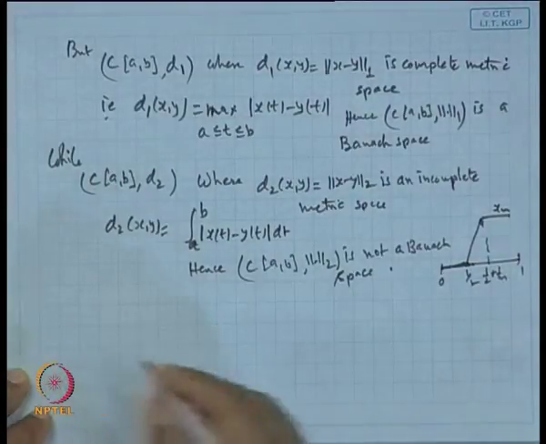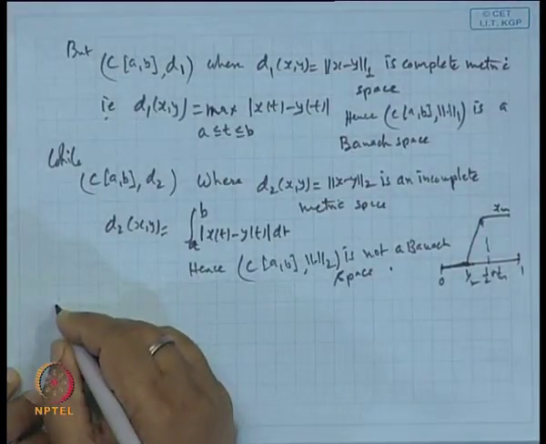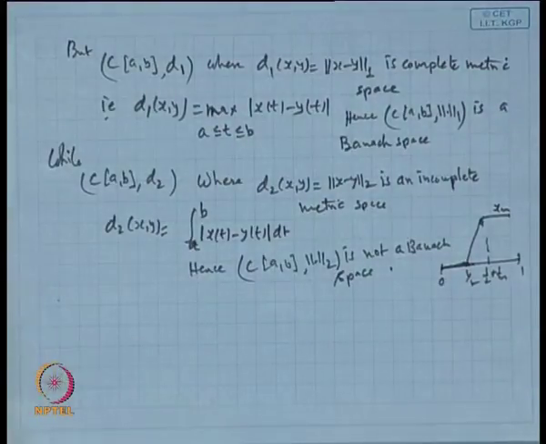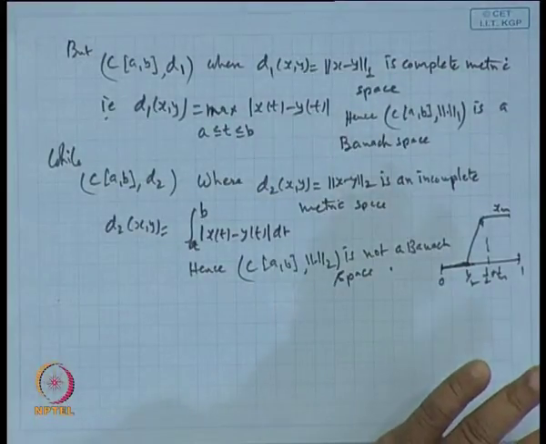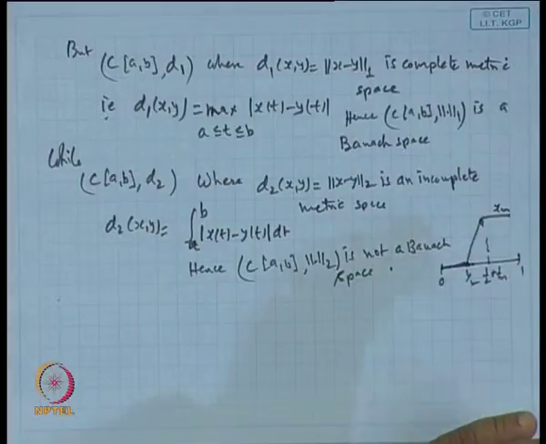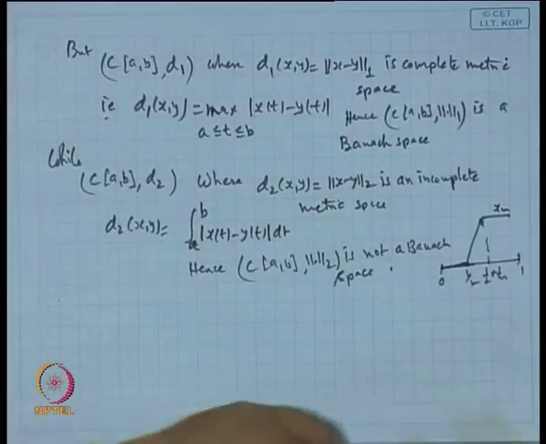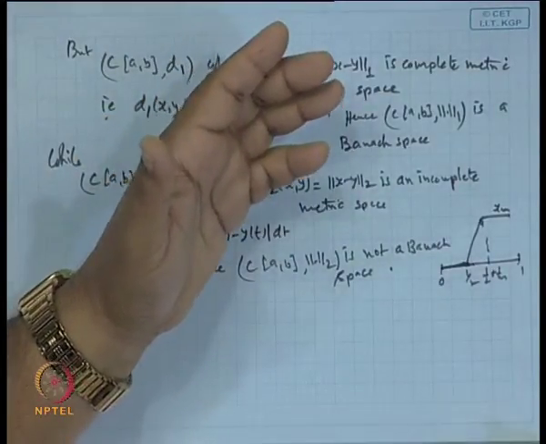Again, we will have a general result: under what restriction a metric is introduced by a norm, what should be the restriction, so that one can obtain a metric with the help of the norm. That is, from the corresponding normed space one can get the metric space with the help of that.